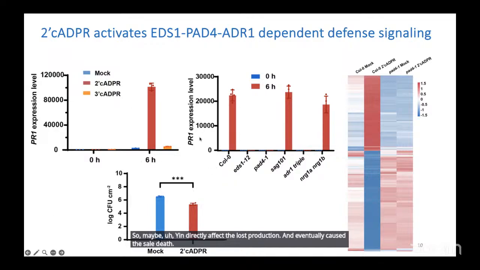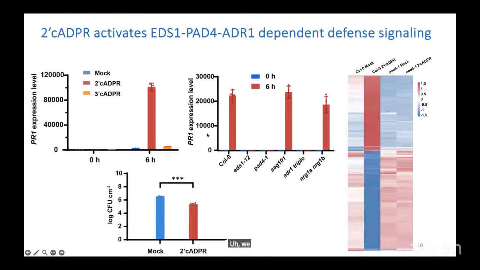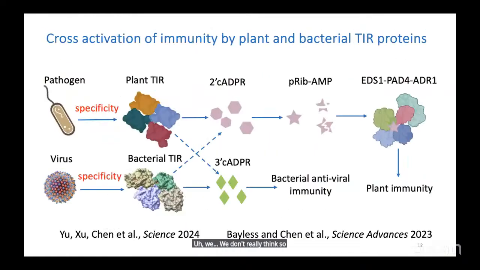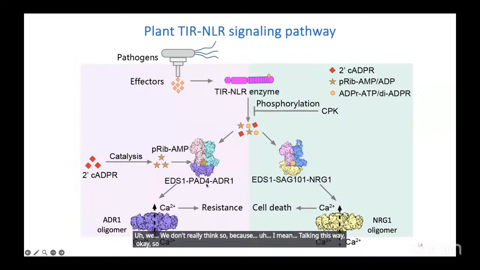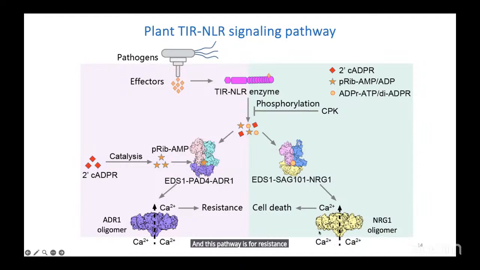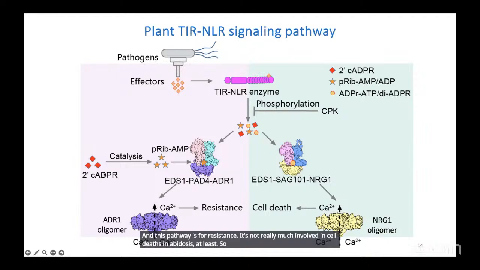Is this possible? We don't really think so, because, let me talk this way. The 2' CADPR is hydrolyzed into PRMP to activate the EDS1-PAD4-ADR1 pathway, and this pathway is for resistance. It's not really much involved in cell death, in Arabidopsis at least. So from my understanding, I think it's not likely that it has a role in contributing to ROS and cell death.